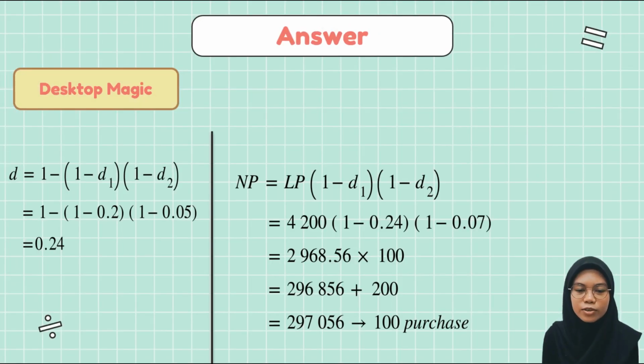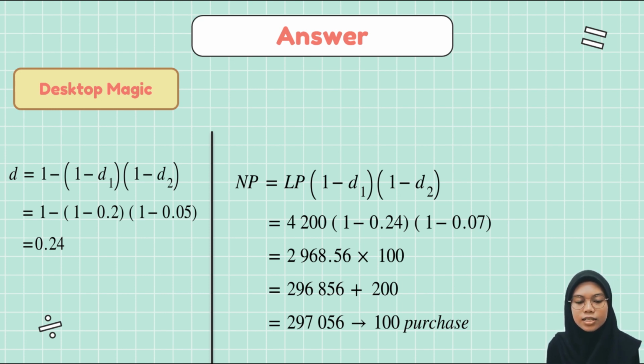To solve this question, we need to know the total days to find out the cash discount rate. According to this question, we use the formula NP equal to LP, open bracket 1 minus D1, close bracket, open bracket 1 minus D2.